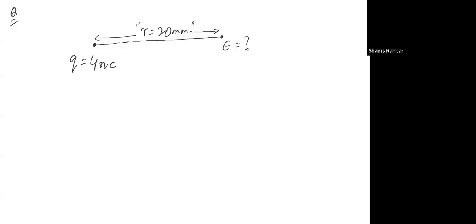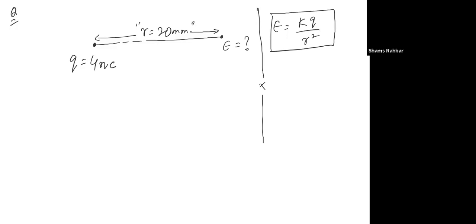How will you calculate the value of electric field due to a single charge? Do you remember that? The formula for the electric field due to a charge was kq by r square. We have already discussed this in previous classes.